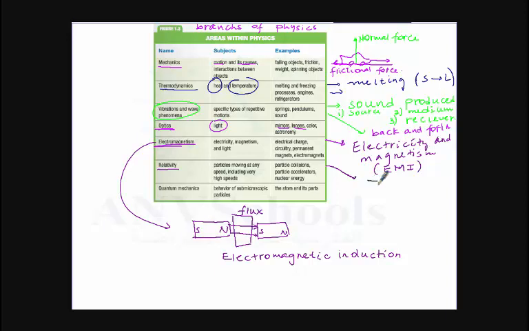For example, if you have two cars heading towards each other, these two cars may collide, or these cars do have a relative velocity.